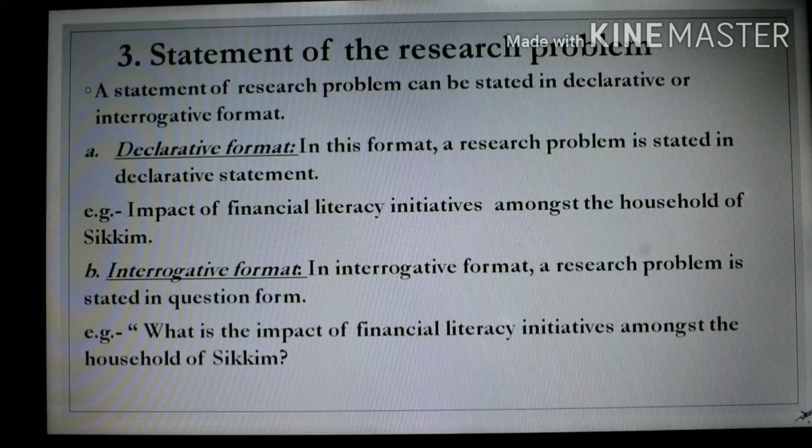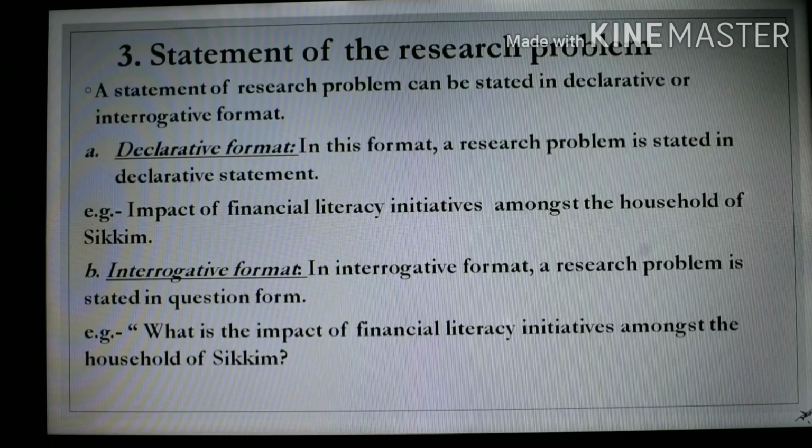Statement of the research problem. After identifying the feasibility of research, the researcher formulates a final statement of the research problem. A statement of research problem can be stated in declarative and interrogative format.